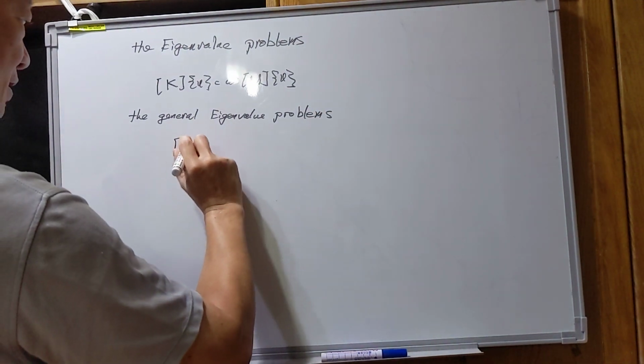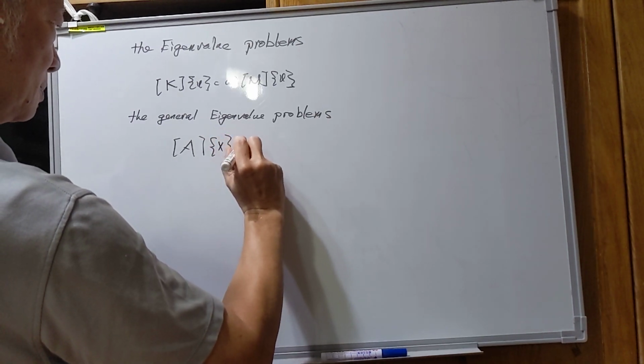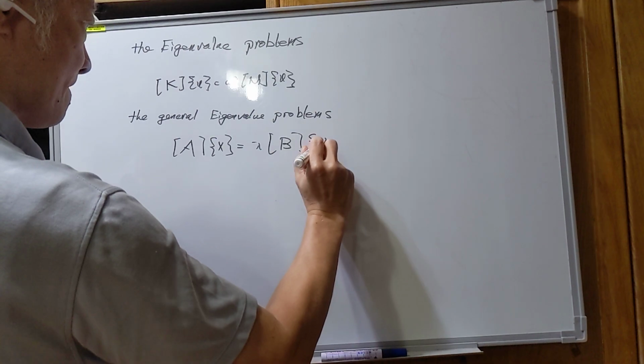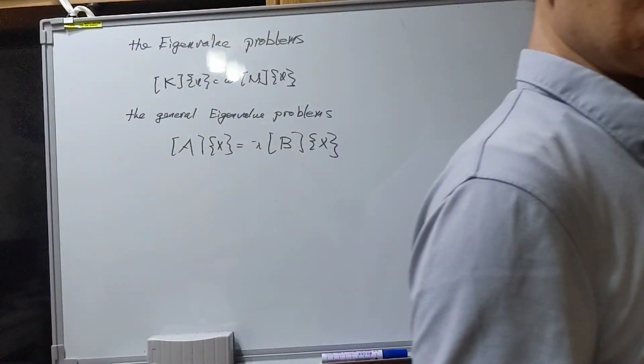Usually we say the general eigenvalue problems, which has 2 matrices.